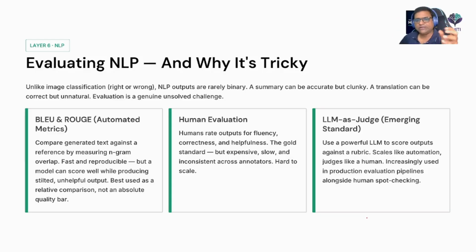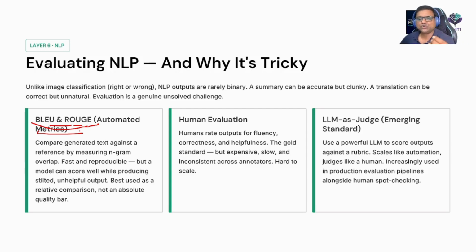There are automatic metrics like BLEU and ROUGE. When I say metrics, if you go back and recall what we learned about classification algorithm metrics, accuracy, precision, ROC curve, all those things, similarly, how do you justify that your NLP algorithm is accurate, that it is accurately working, predicting, or classifying? So BLEU and ROUGE are there, but these are not 100%.